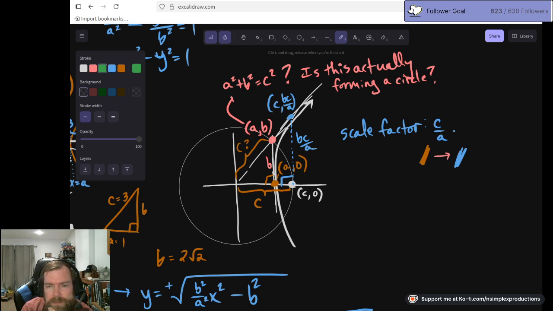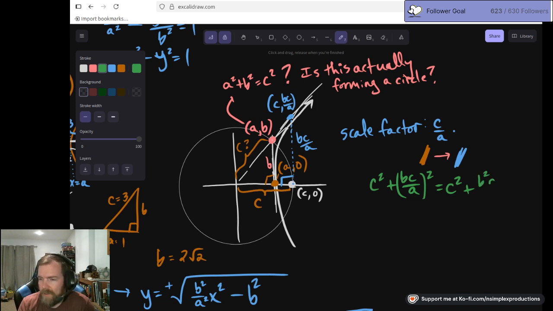So what does that tell us about? Okay. Let's try it this way. We want to find out what we get when we do c squared plus bc over a, parentheses squared. What do we get, right? This is going to be c squared plus, okay, that's not really helpful.